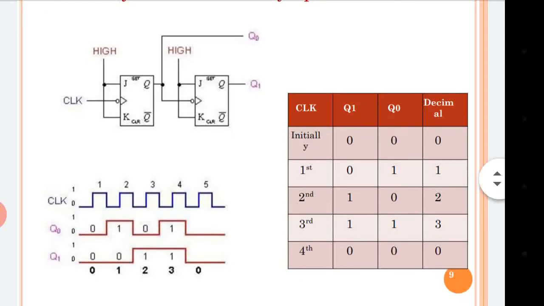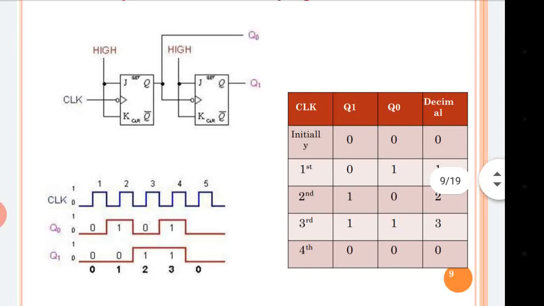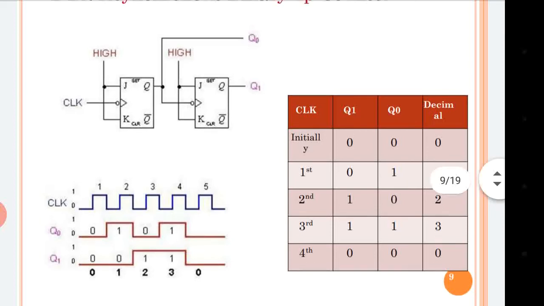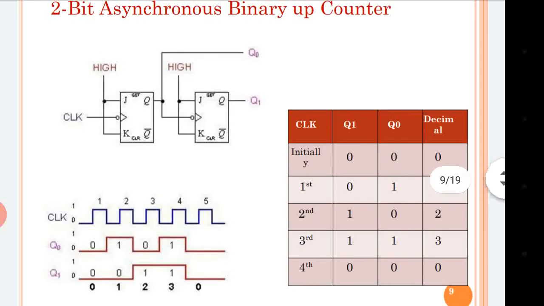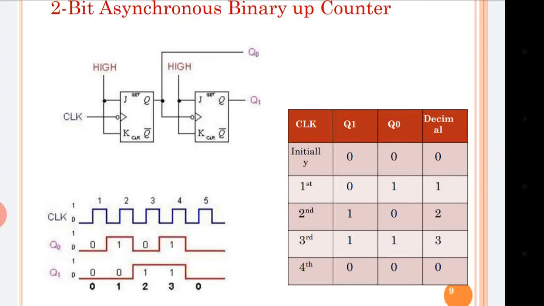from 0 to 1. So let us say initially both the outputs are 0 0, as shown in this truth table, first row. When the first falling clock pulse is applied, as you observe, external clock is applied to only one flip-flop, that is Q0.